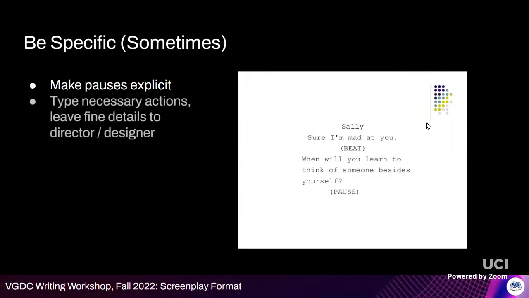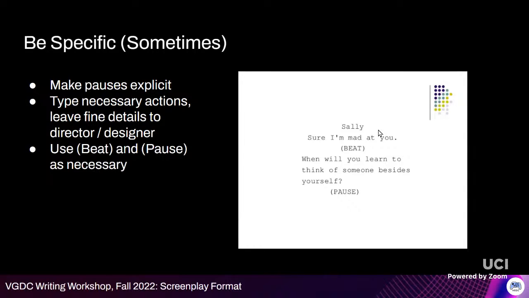Sometimes you have to be specific, but not too specific. You don't want to go into too much detail in a screenplay because that is going to be interpreted by the directors. You're going to want to leave finer details to them, but you want to make stuff like pauses pretty explicit.